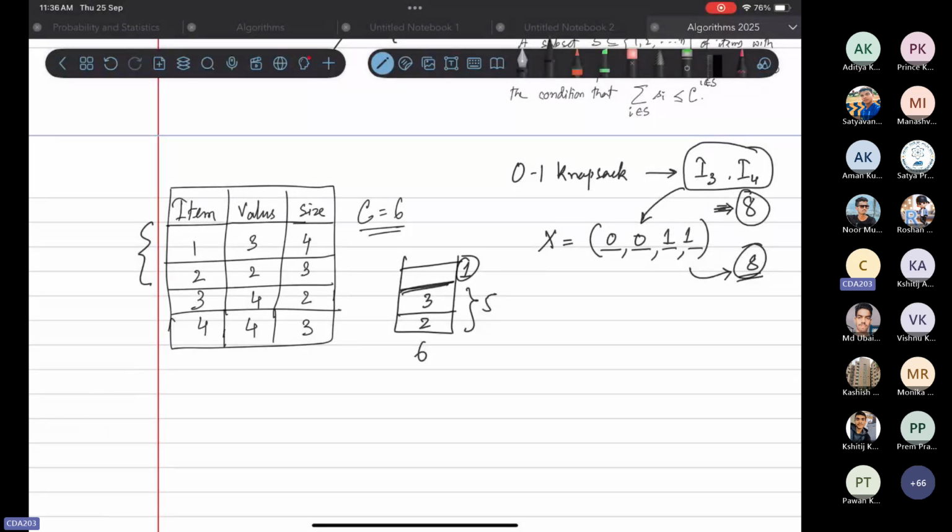This value is 4. This value is again 4. And still I'm left with 1 unit. 1 unit of which item would you like to choose? If you understand that, that will tell you what the algorithm should be.